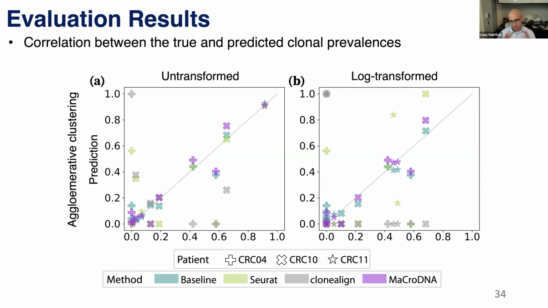MaCroDNA, which is in purple, is the closest to the diagonal. So if you look at these measures, in terms of the prevalence or the balance or the number of points in a cluster, or if you look at the identity, which cells were mapped to which cluster, in both cases, log transformed and untransformed, MaCroDNA performs best.